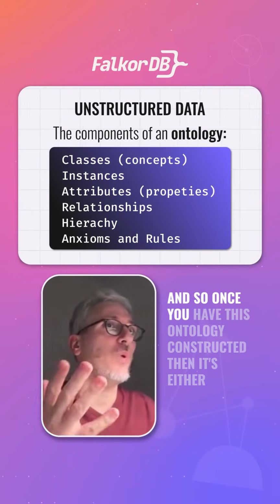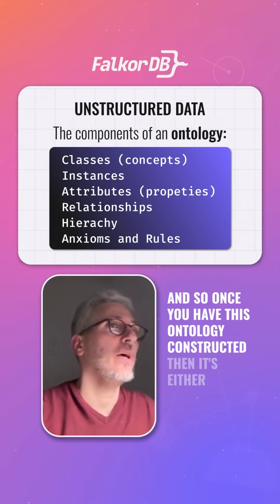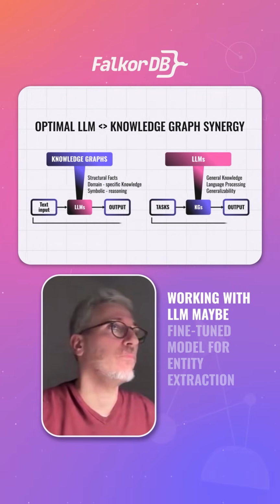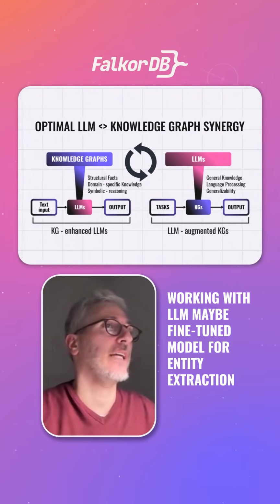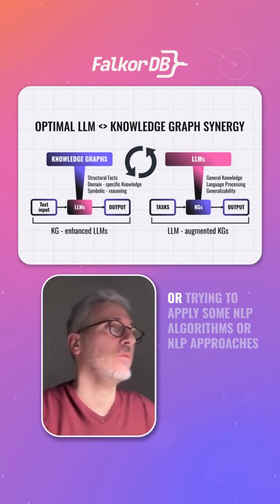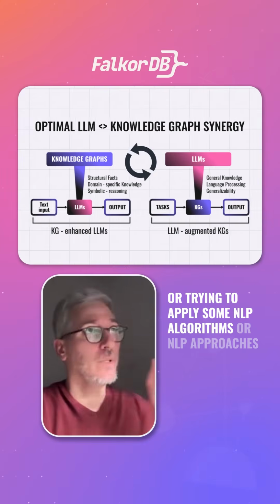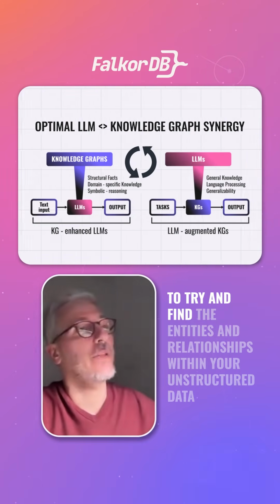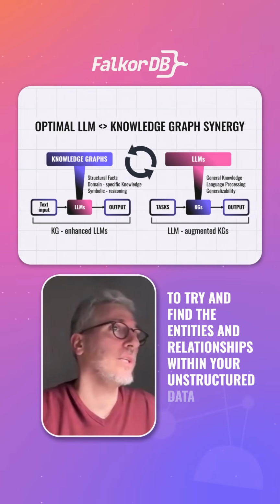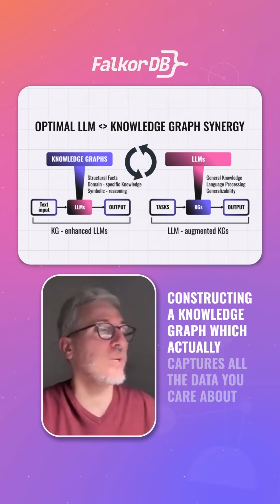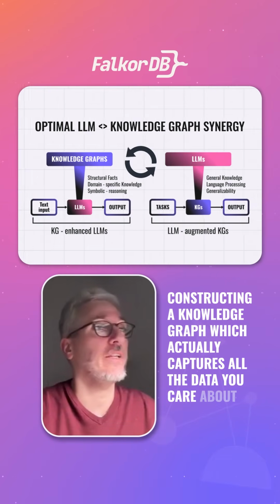And so once you have this ontology constructed, then it's either working with LLMs, maybe fine-tuned models for entity extraction and finding the relationships within the data, or trying to apply some NLP algorithms or NLP approaches to try and find the entities and relationships within your unstructured data. This is a big challenge, constructing a knowledge graph which actually captures all of the data that you care about.